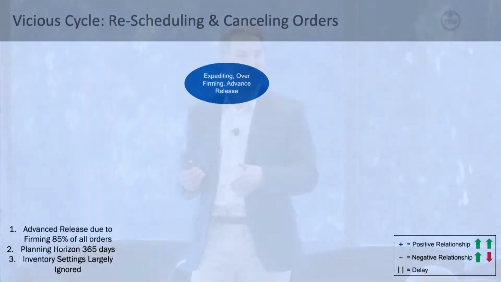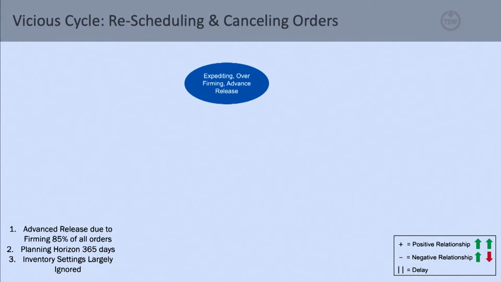And when we did that, we had to go into diagnostics mode and figure out what's going on. What did we miss? Why did this happen? And so we identified a vicious cycle. We spent the next 4 months examining the system and the current state and where we're at and saying, okay, so what went wrong?